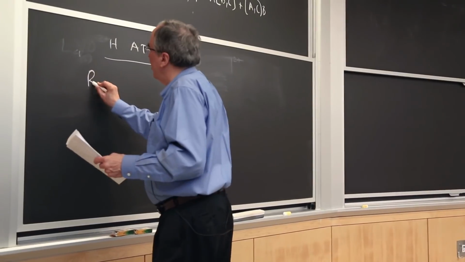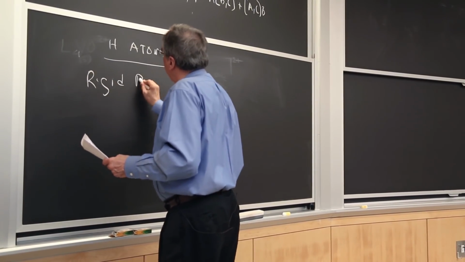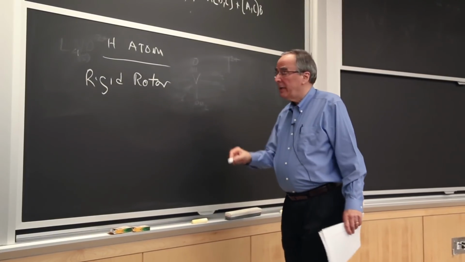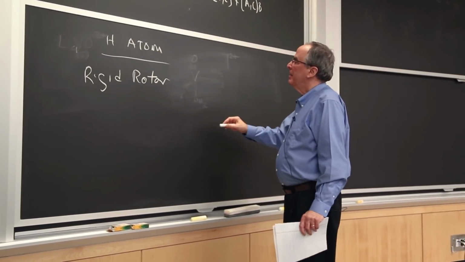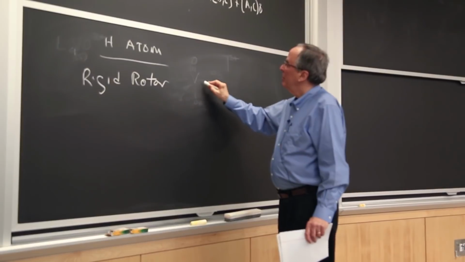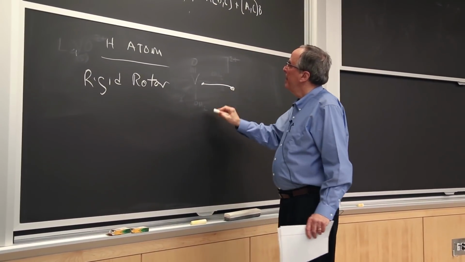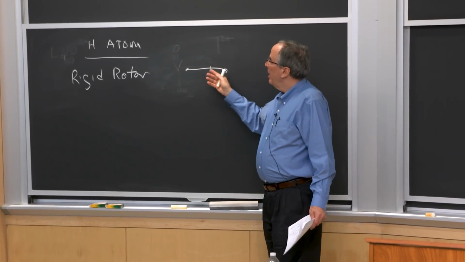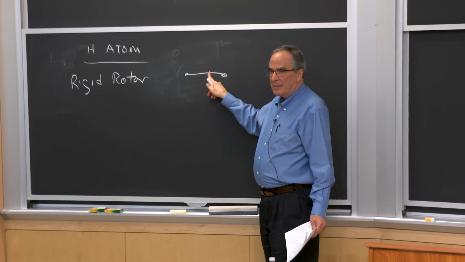We did the rigid rotor. And that led to some angular momenta. Well, let's just picture. So we have this rigid rotor, and it's rotating about the center of mass.